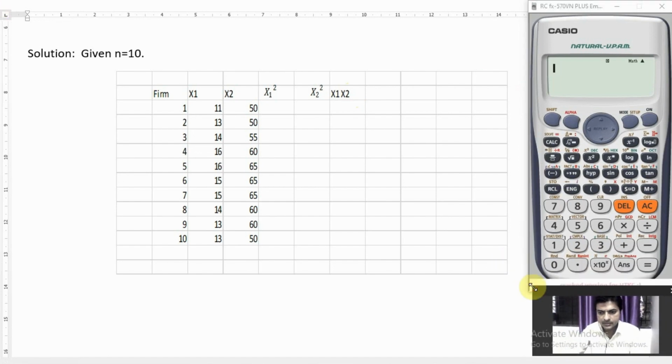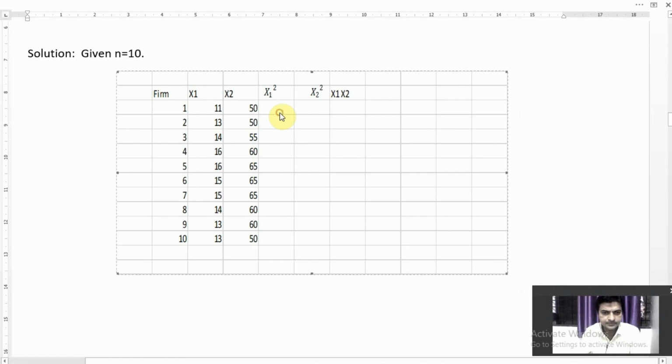I am going to take here, yes, here we have 50, so 50 square is 2500. First we will take the x1 square. So x1 is 11 square. 11 square everybody knows is 121. So please write down 121 here.